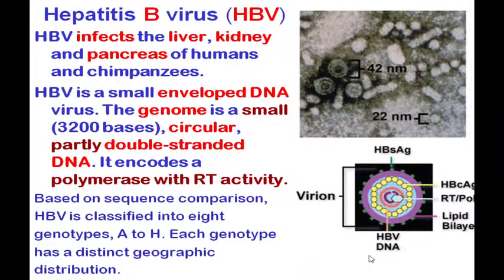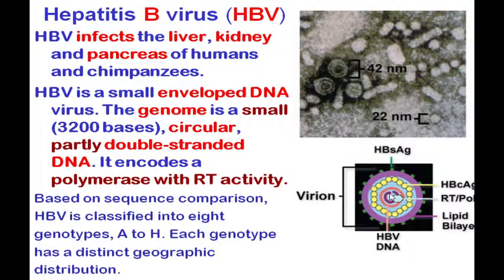We start with the hepatitis B virus description, because it is still the most common and the incidence of the disease is highest. It usually infects the liver, but may also multiply in the kidney and pancreas of humans. It is a small DNA virus with an envelope made up of a lipid bilayer and the hepatitis B surface antigen.